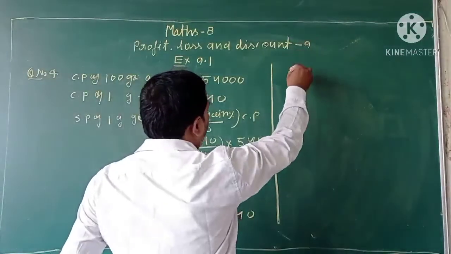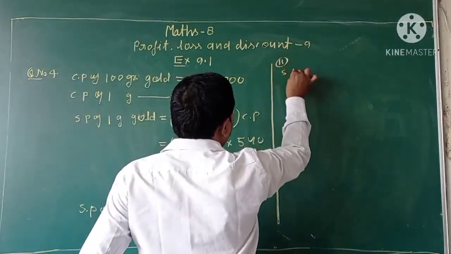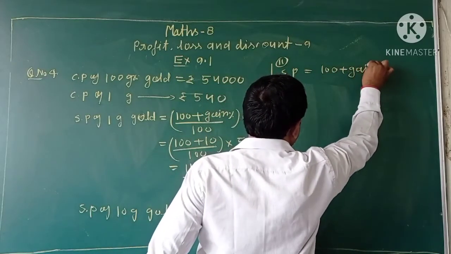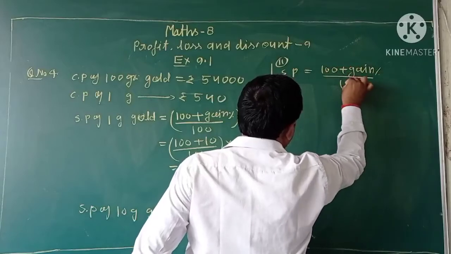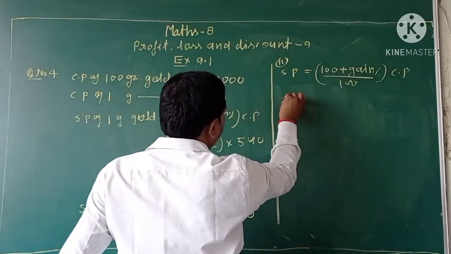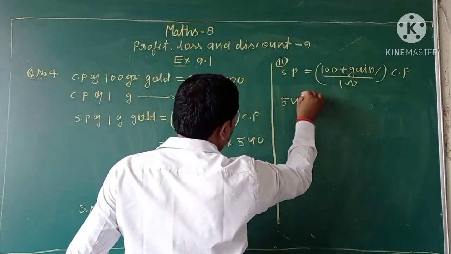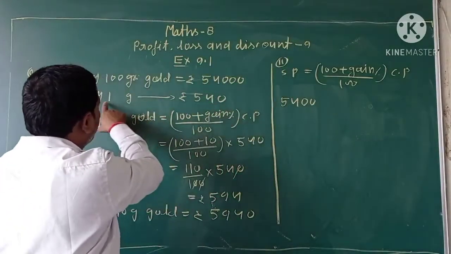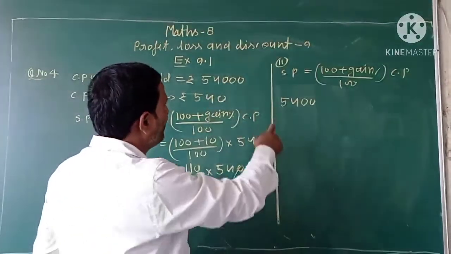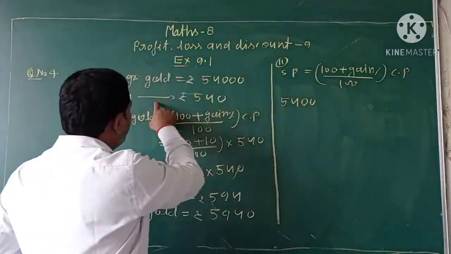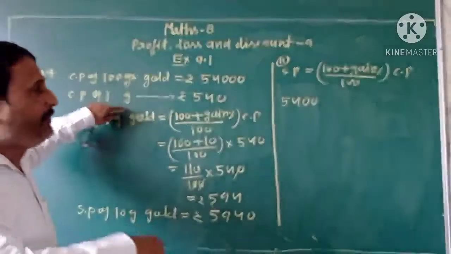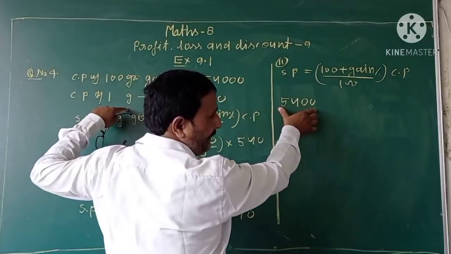Then SP for that second case, SP is equal to (100 plus gain percent) upon 100 into CP. Now that is 5,400, CP for 10 gram. The CP of the goldsmith will be the SP of the wholesaler.